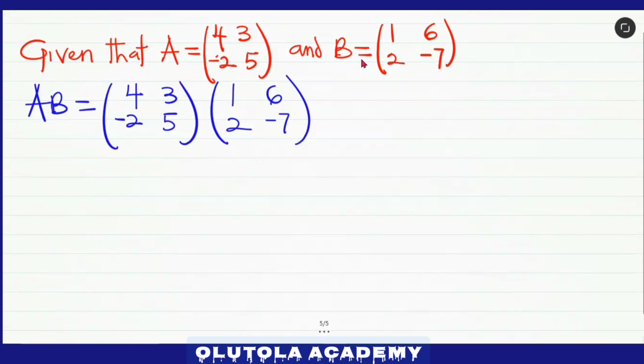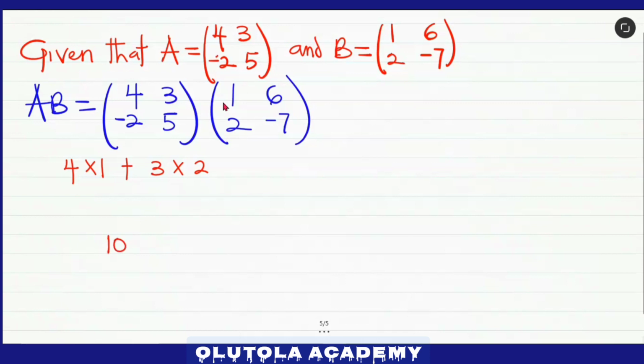So I'm going to have 4 times 1, plus 3 times 2. That's 4 plus 6, which will give us 10.